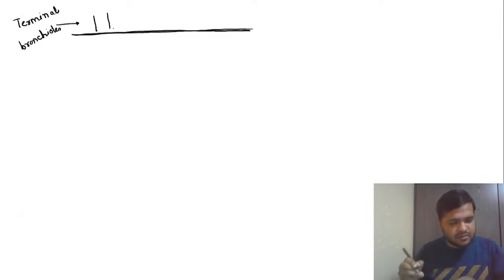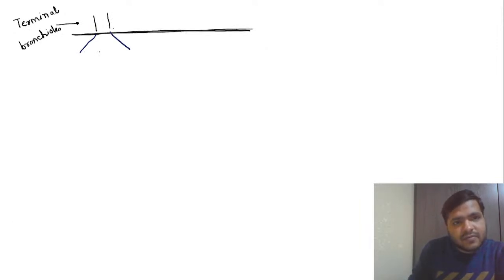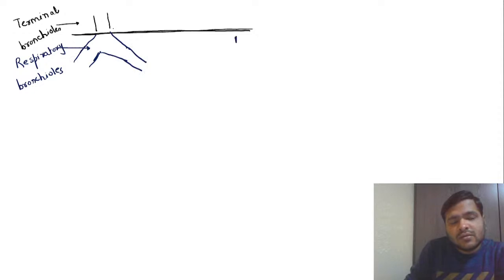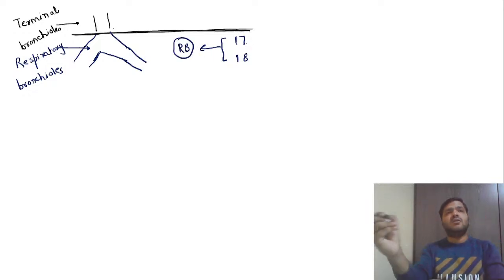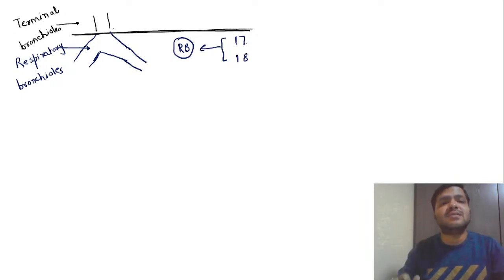Now, in the respiratory pathway, these terminal bronchioles will further divide, and this division is called respiratory bronchioles. At the 17th and 18th generation, it is respiratory bronchioles.